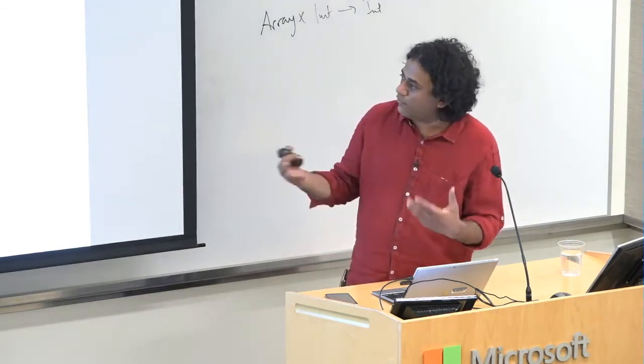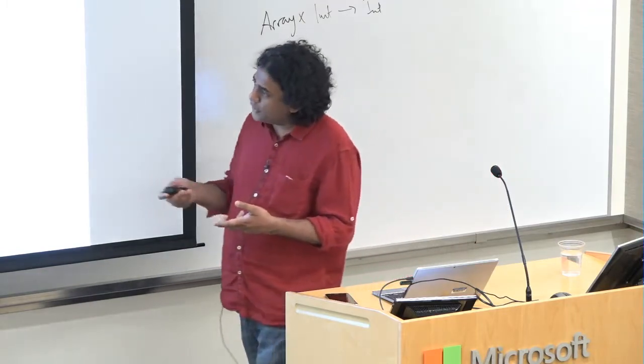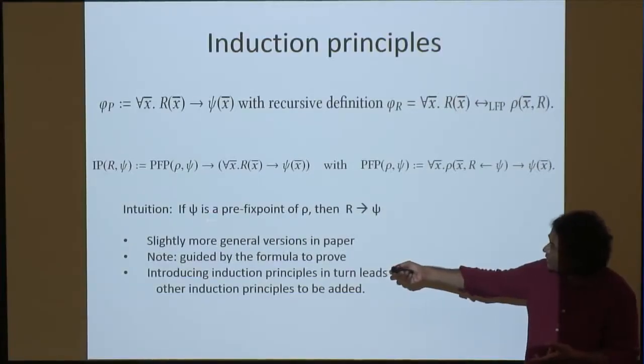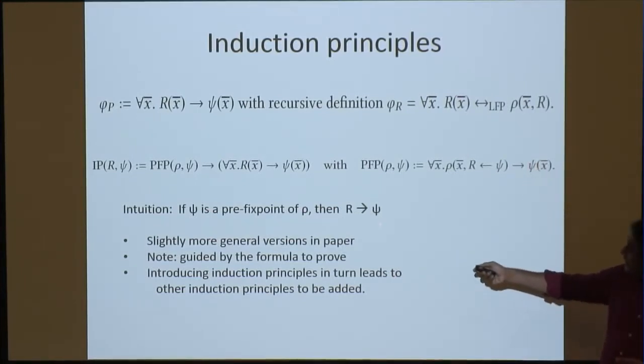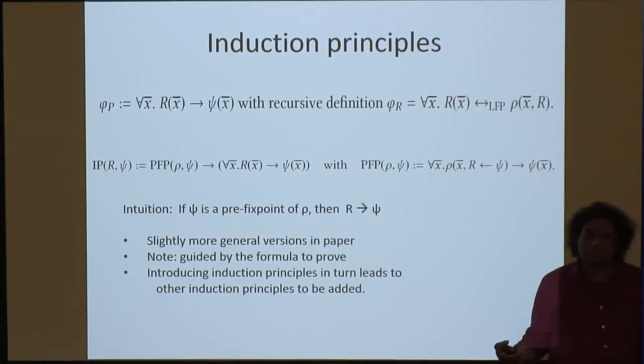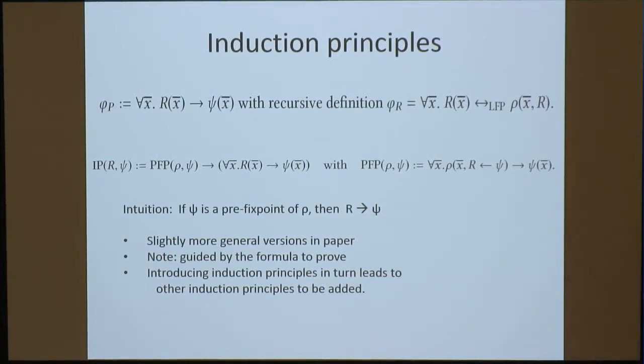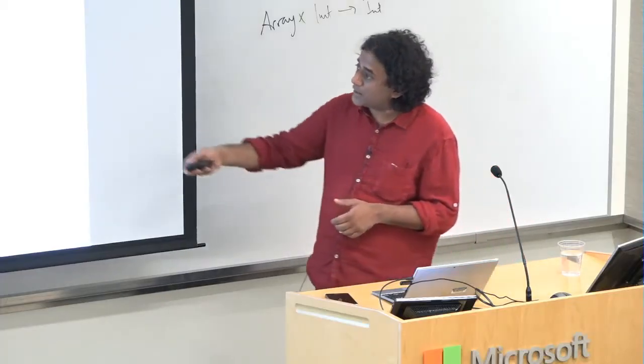This is essentially saying that whatever I want to prove, I'm going to prove inductively based on the definition of R, right? Formally this becomes a prefix point. If I can show that psi is a prefix point of rho, the definition of R, then R implies psi. That is true, right? And this brings the least fixed point semantics into the picture, but the induction principle is completely first order. There's no mention of least fixed point.